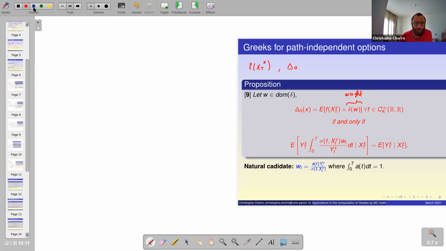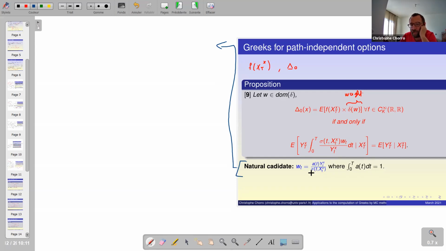Let's have a look at this natural candidate and prove that it works in the statement of proposition 9. Suppose that you plug in W this way. W is equal to A multiplied by Y divided by sigma, where A is a mapping depending only on time, such that the integral between 0 and capital T of A(t) dt is equal to 1.